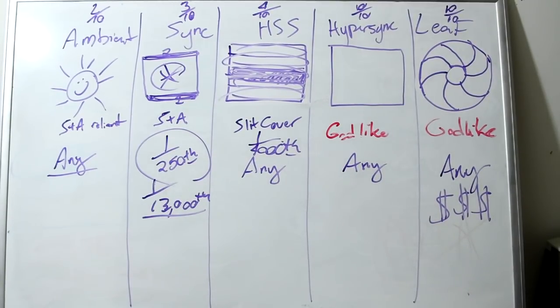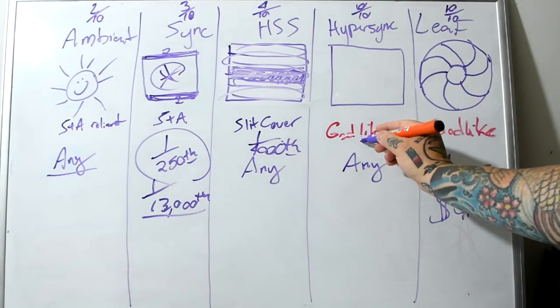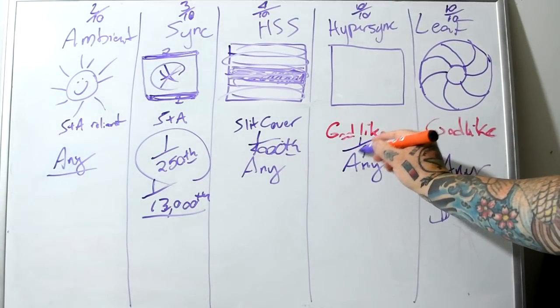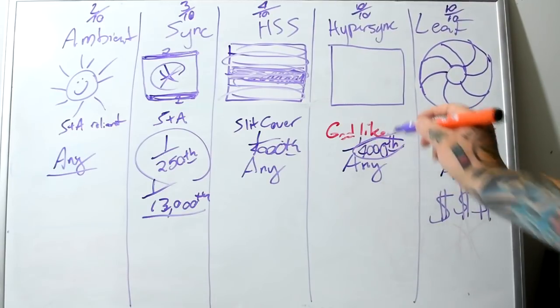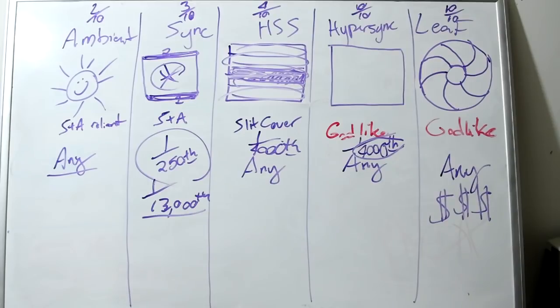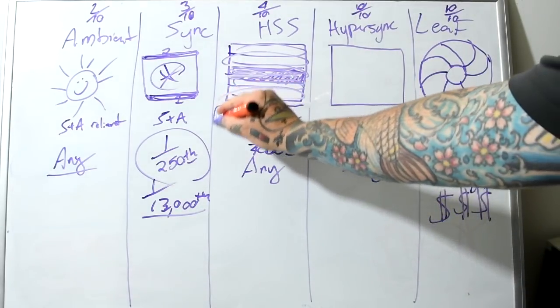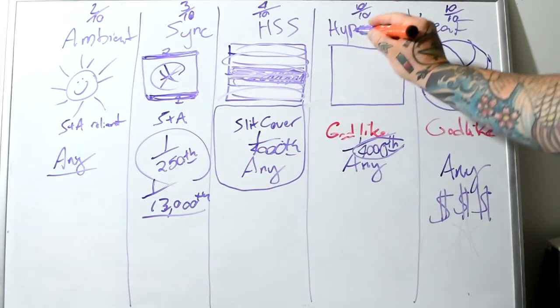Now the interesting thing, this is where nobody understands the difference between HSS and Hypersync. So what's the difference? Let's say the maximum shutter speed on a GFX is 1/4000th of a second. Well, with HSS, which you can use with the Godox speed light for Fujifilm, or even the Fujifilm EF-X500 speed light, you don't use speed lights for Hypersync, by the way.